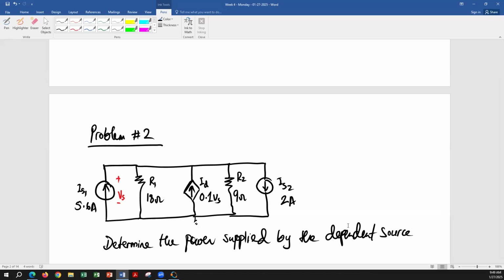What do we need to know? All right, if we know Vs, then how are we going to calculate the power supplied by the dependent source? Resistance of the dependent source. What is the resistance of it? Yeah, determine the power supplied by the dependent source.